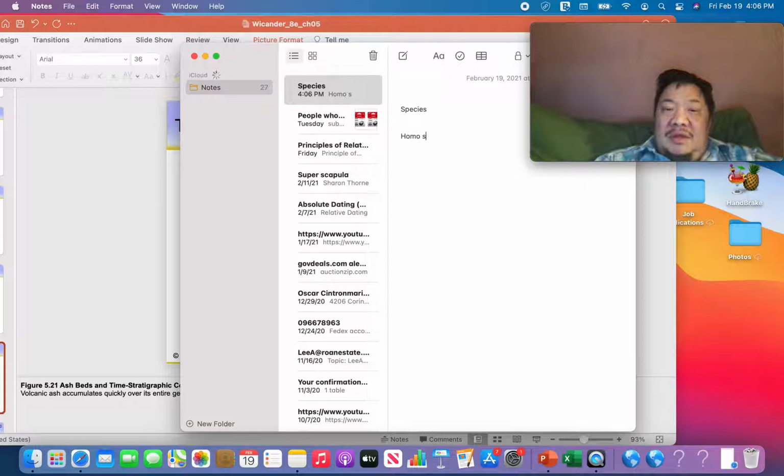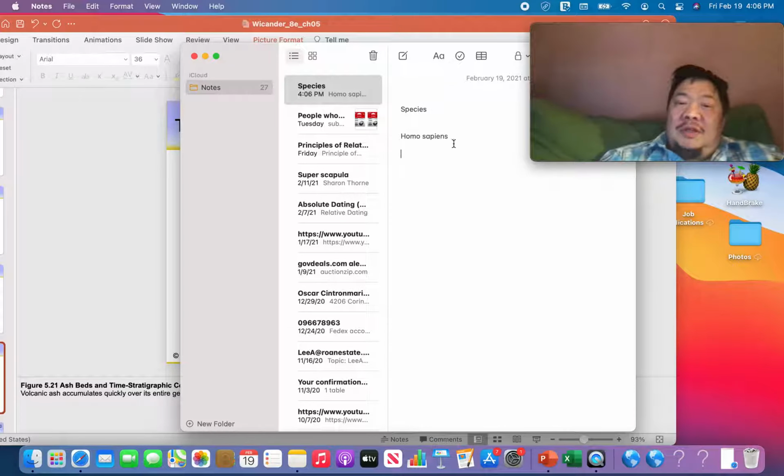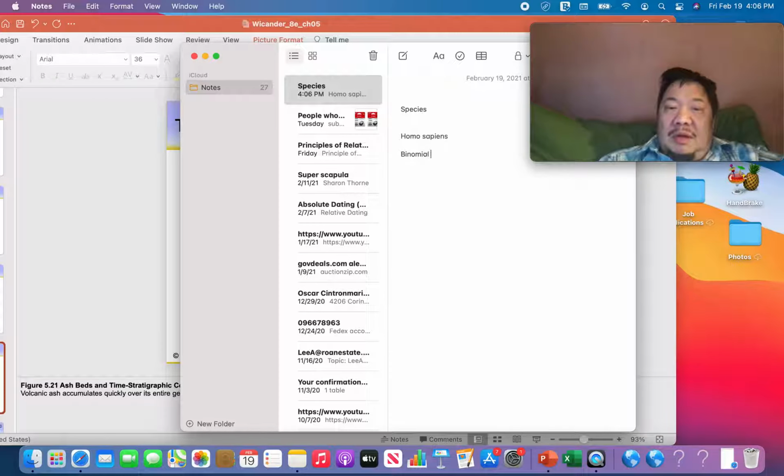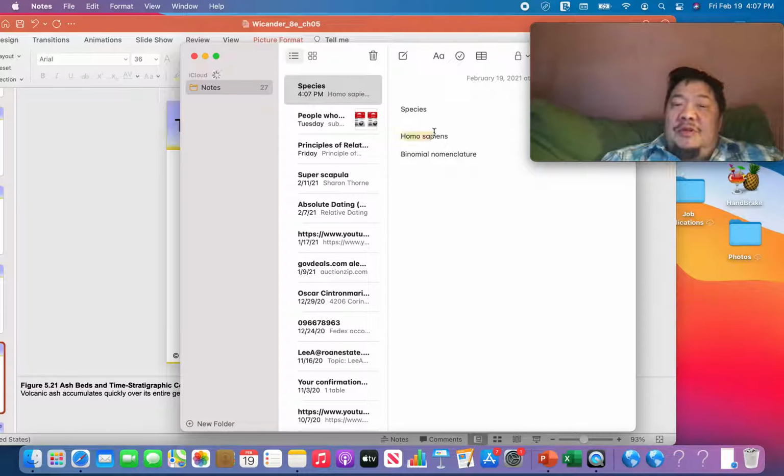Homo sapiens. That's our species, Homo sapiens. And notice that we use what we call binomial nomenclature, which means we use two words for a species. The first is capitalized, and the second is in small caps.